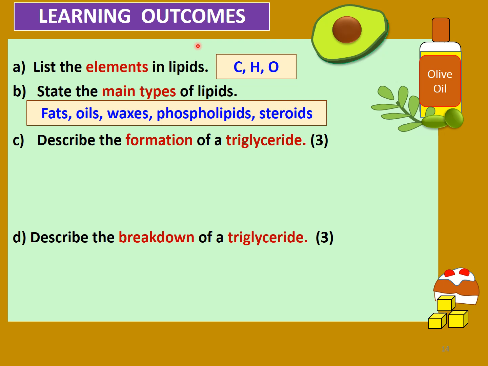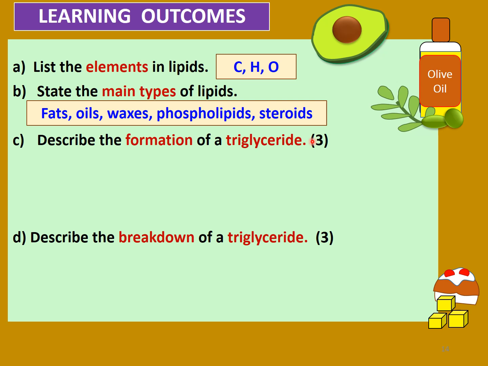Now, describe the formation of a triglyceride. This question can be asked in structured questions, whereas the top two questions can be asked in objective questions. So how to explain the formation of a triglyceride? Let's say it's 3 or 4 marks. A triglyceride is formed by what process? Yes, condensation.